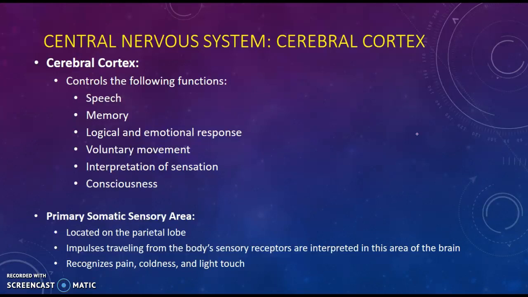And we're going to get into all the different locations of various structures within this cerebral cortex that does all of these certain things. So first we're going to talk about the primary somatic sensory area.